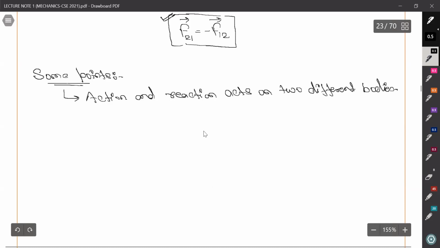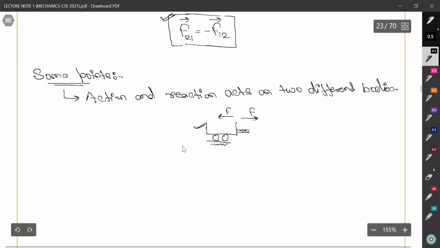And that's why there is a very childish question here. A cart is here and someone is pulling this cart. So the cart is applying a force F on the rope, and the rope is applying F on the cart. So the net force is what? 0. So why is this cart moving?